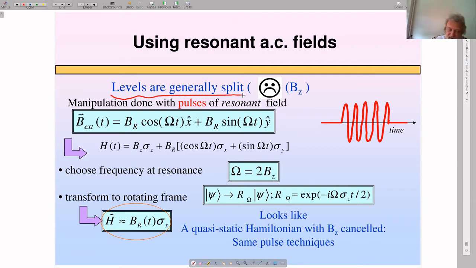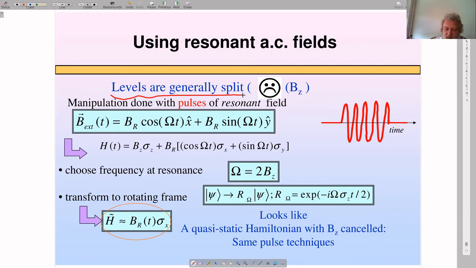Well, it appears to be not very difficult, and one could do the following. One can, in simple words, compensate this energy difference with a proper frequency of the applied field.